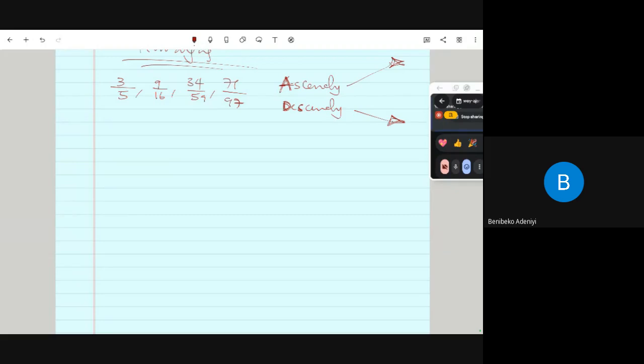So 3/5 is what? 3/5 is 0.6. 9/16 is 0.56. 34/59 is 0.58. 71/97 is 0.73. There's a method you can use, but don't stress yourself. Just take it to decimal.